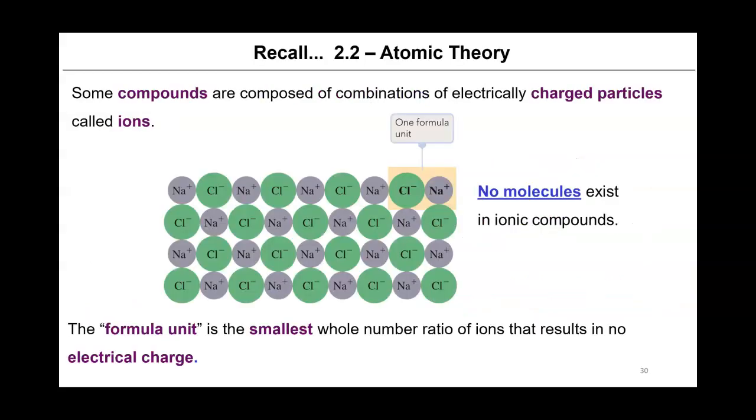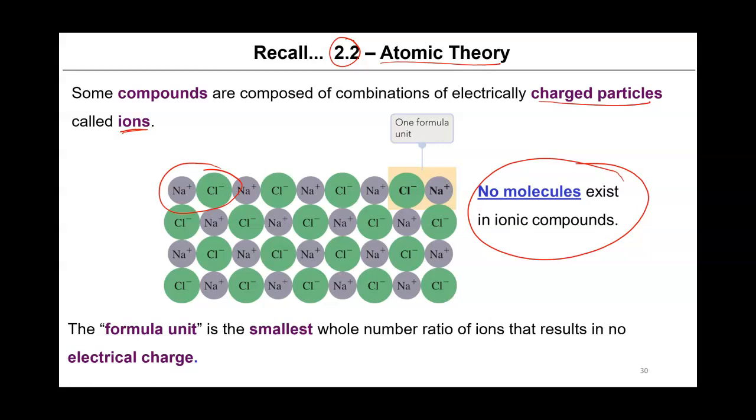If you recall from section 2.2, when we were talking about the atomic theory, we noted that some compounds are composed of combinations of electrically charged particles called ions. That is, ionic compounds exist as crystals in which we have a repeating pattern of cations and anions. That is, in ionic compounds, no molecules exist.